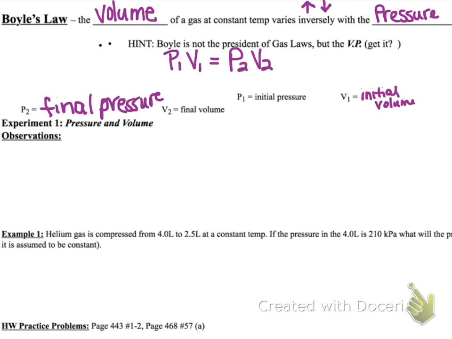So, example 1, helium gas is compressed from 4 liters to 2.5 liters at a constant temperature. If the pressure in the 4 liter is 210 kilopascals, what will the pressure... Oh, I've cut off my problem.